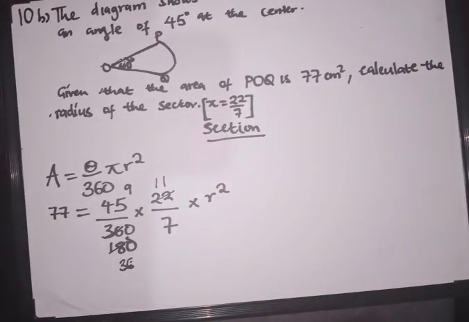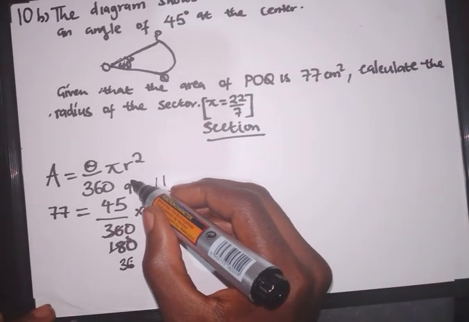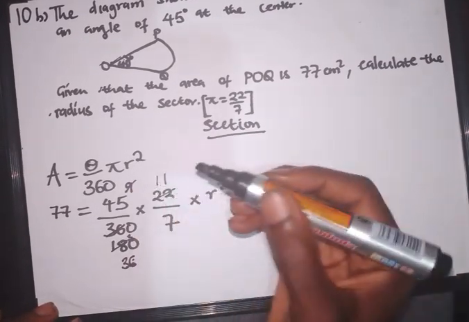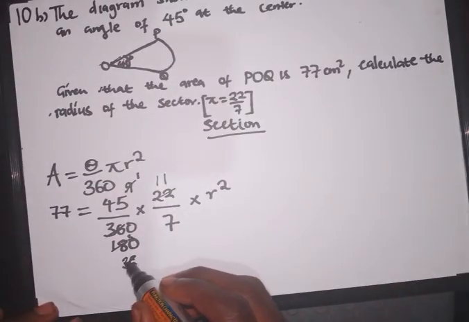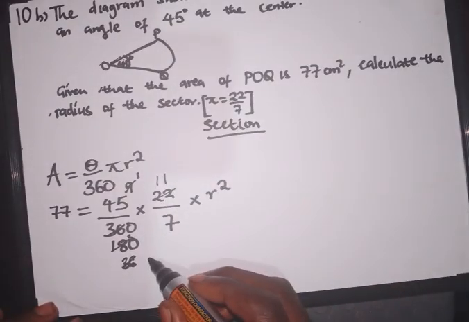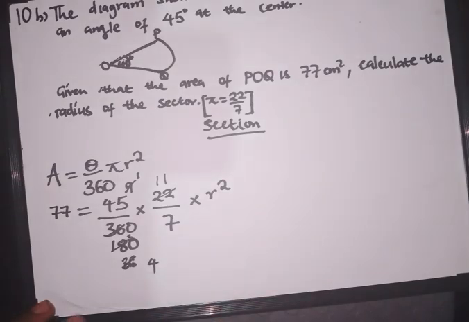How many times can 9 go into 36? 9 can go into 36 4 times. So 9 here is 1, and 9 into 36 we have 4.